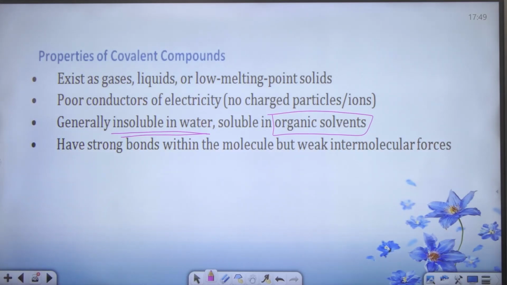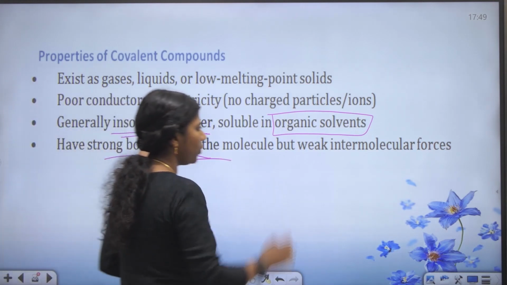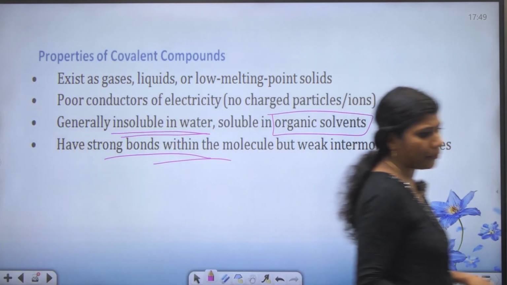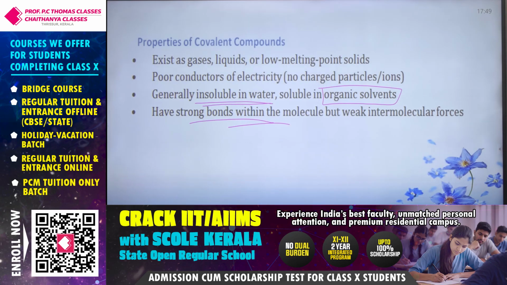Covalent compounds are soluble in organic solvents like benzene, heptane, etc. They have strong bonds within the molecule but weak intermolecular forces. Okay, these are some properties of covalent compounds.